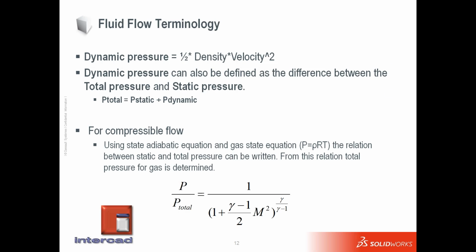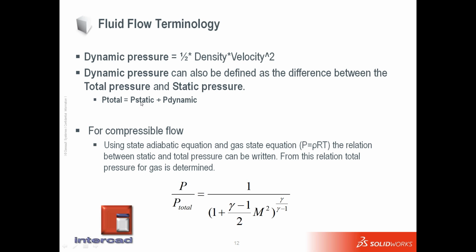Now, if we go to the next category, fluid flow terminology, we have a second definition called dynamic pressure. This dynamic pressure is defined as 0.5 times density times velocity squared. Also, we can define dynamic pressure as the difference between total and static pressure.